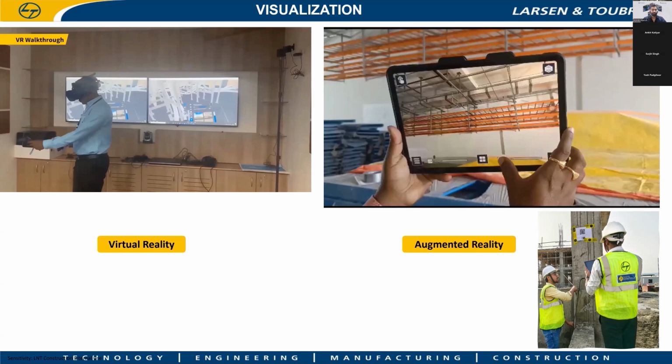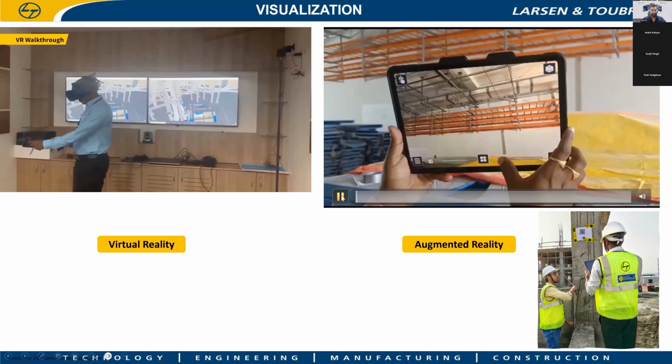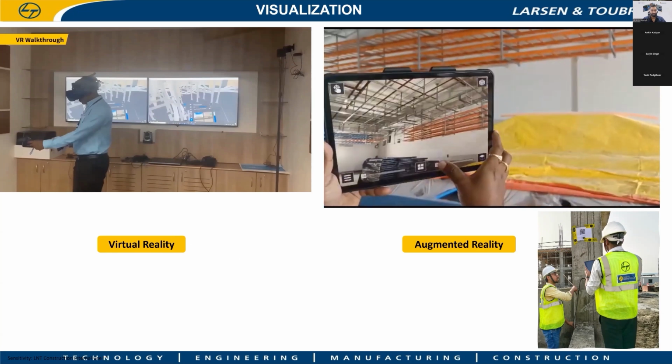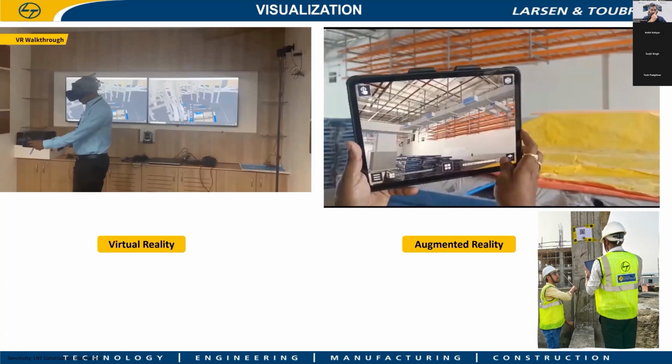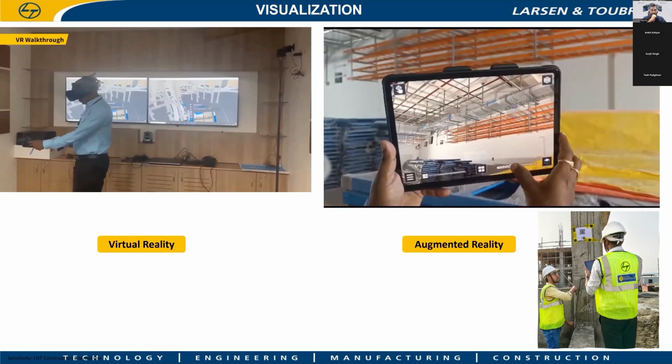We are also using augmented reality, where you can bring your 3D model into the actual site by superimposing it on the site condition, and you can cross-verify your future construction. I can give one use case, and I'll play this video in parallel. If you see here, a wall which has openings will in future, as per design, have HVAC ducts coming through the wall opening.